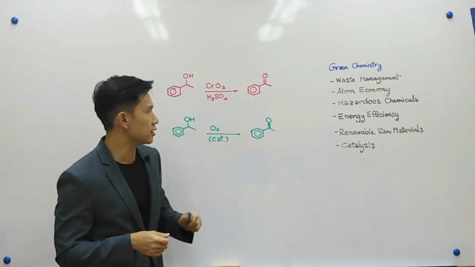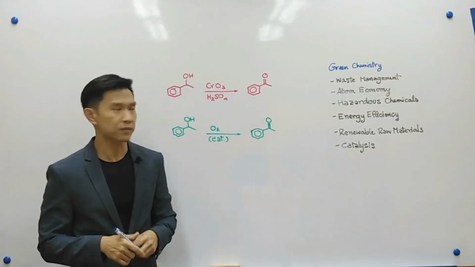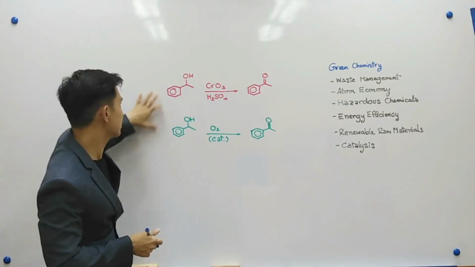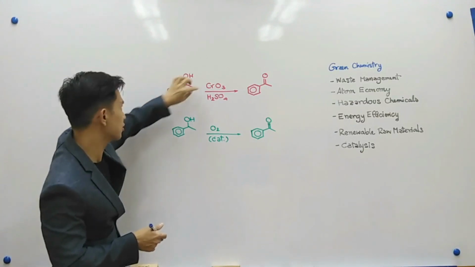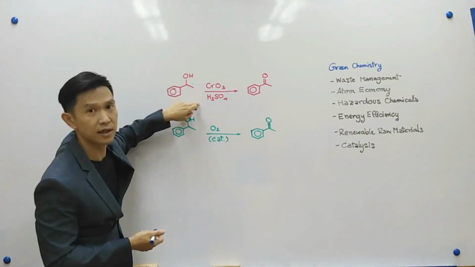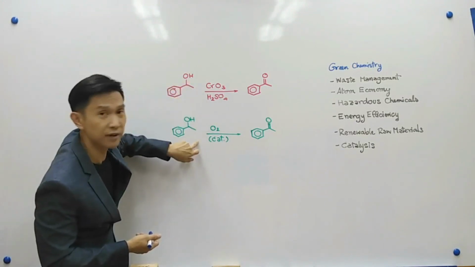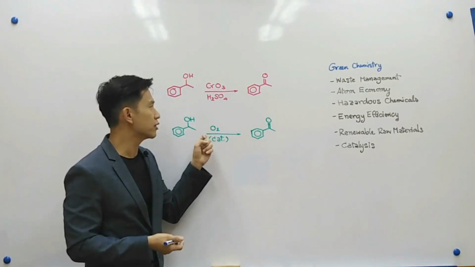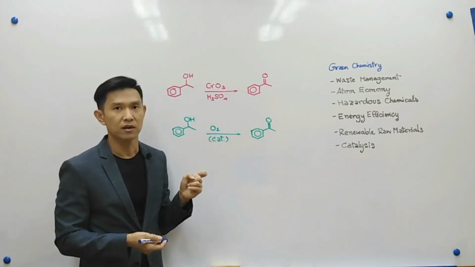Next one is renewable raw materials. In this case, as you can see, the raw material used here is actually the same starting material, but you also have to buy formic acid and sulfuric acid. But in this reaction, you use oxygen gas from the air. So this is a renewable raw material.